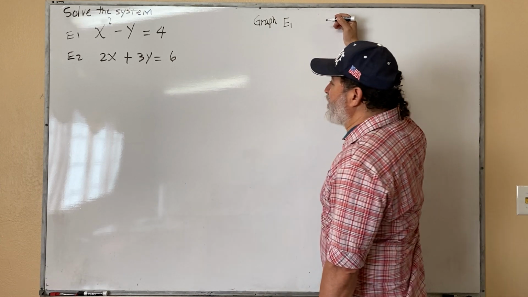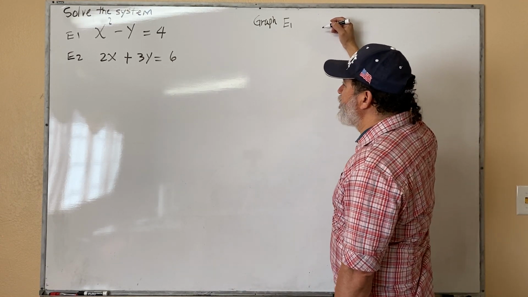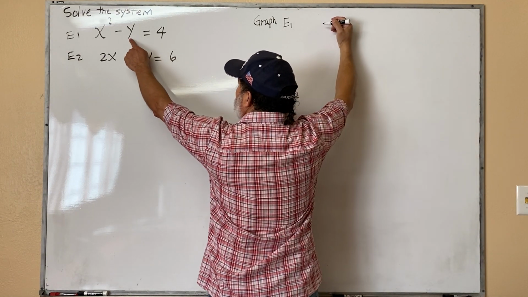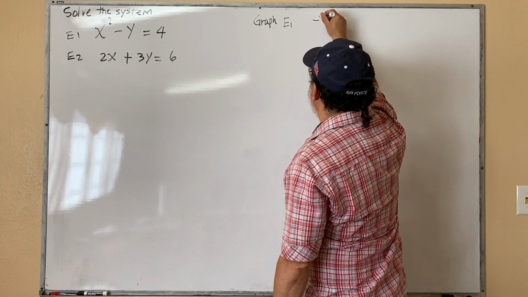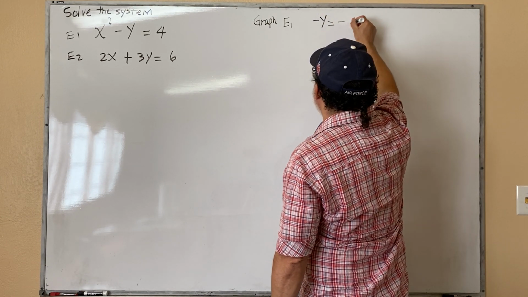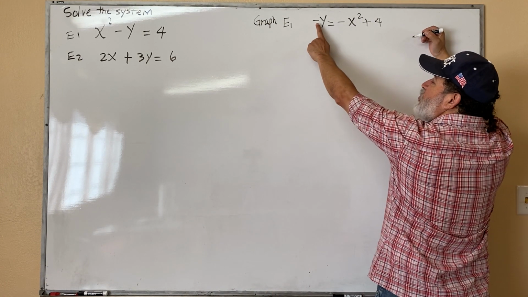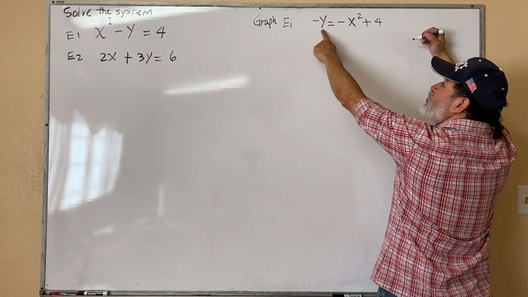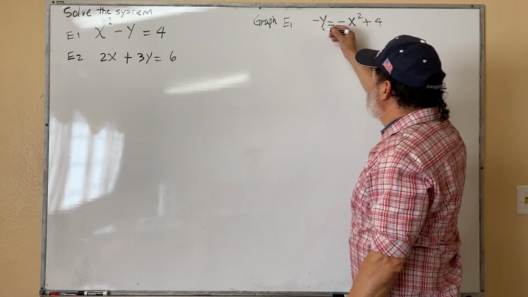Watch this. I'm going to solve for y in equation 1, okay? So I'll just bring this to my right. How's that? So negative y equals negative x squared plus 4. I need to solve for y, so let me get rid of this negative. So multiply everything by negative.